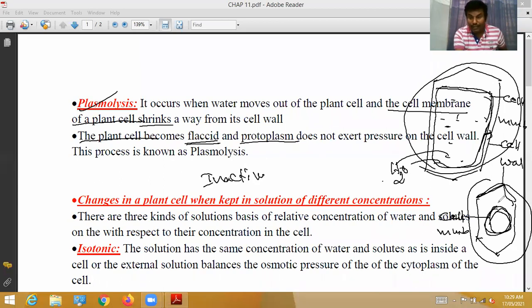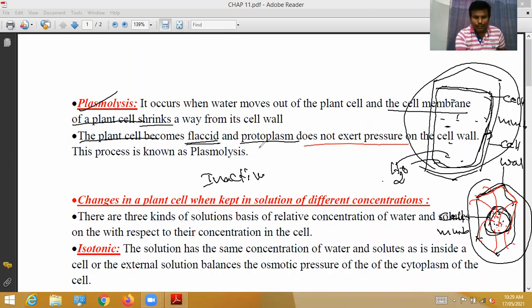The protoplasm inside does not exert any pressure on the cell wall. When sufficient water is there, only then does the protoplasm exert pressure on the cell wall. If water is lost, it does not.